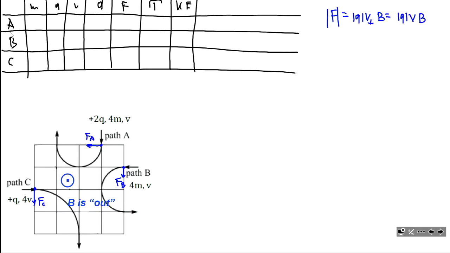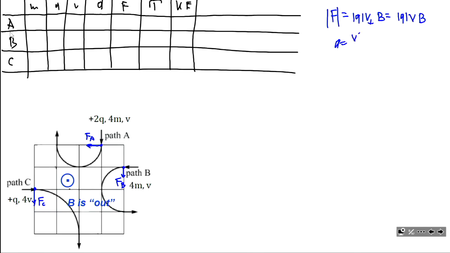Magnetic field points out, and all velocity does just points in the plane of the screen, so it always remains perpendicular to the direction out of the screen.